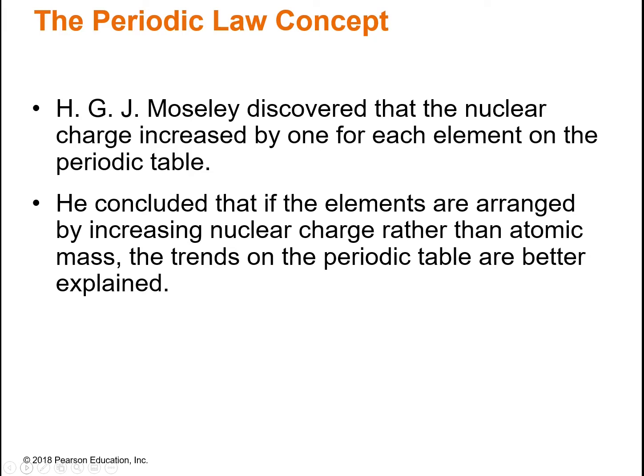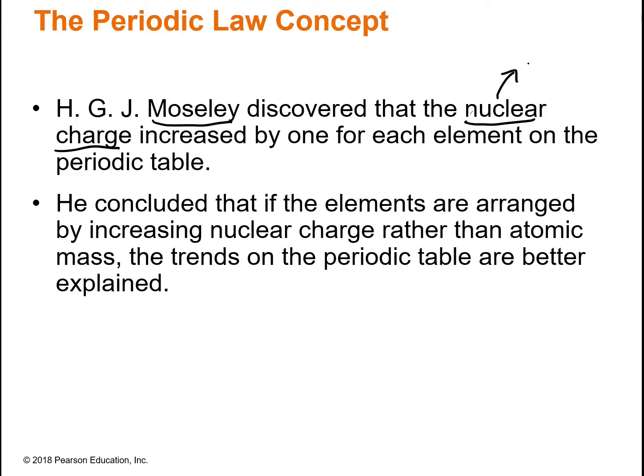H.G.J. Moseley was the one who added in that final piece to create the periodic table that we know today. So you will need to know the periodic law, which I will define on the next page. So Moseley said that, hey, maybe instead of atomic mass, we should look at the nuclear charge.